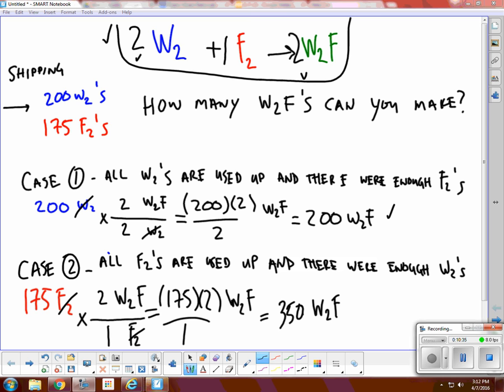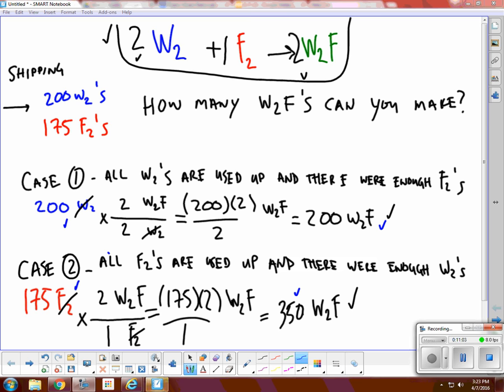So, case 1 produces 200 bikes. Case 2 produces 350 bikes. Which case actually occurs? In case 1, we have enough material to make 200 bikes because we have 200 wheel packages. But in case 2, we have enough frames to make 350 bikes.